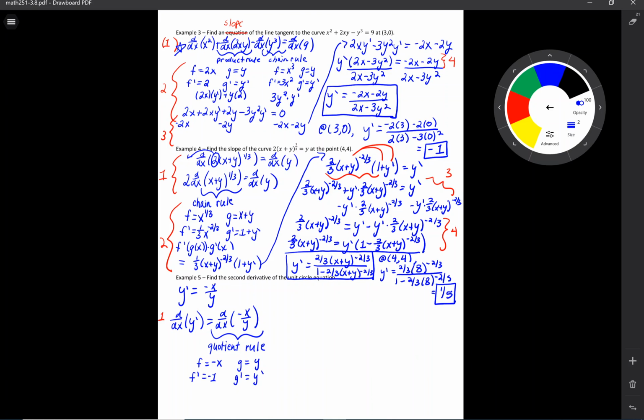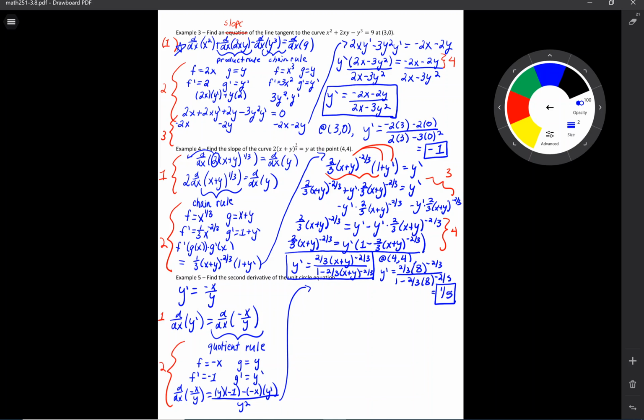So the derivative of negative x over y is equal to the bottom times the derivative of the top minus the top times the derivative of the bottom, all of this over the bottom squared. So this was step 2, finding the derivative of both sides.